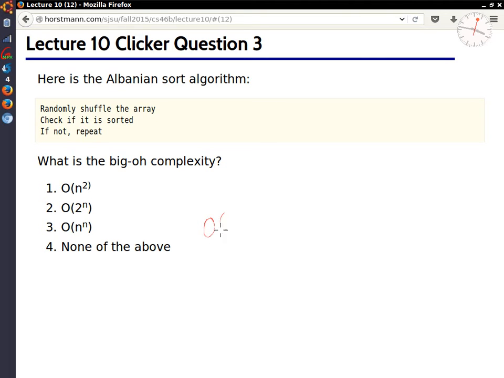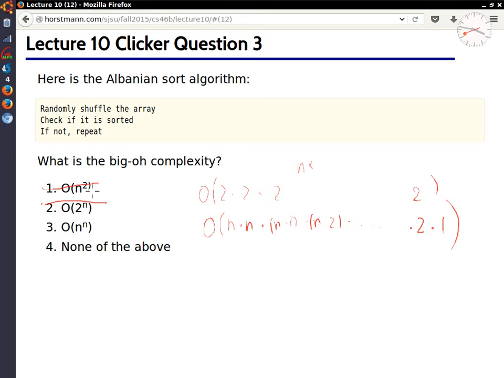So we have O of n times n times n minus 1 times n minus 2 times 2 times 1. So that is more than O of 2 to the n, which would be O of 2 times 2 times 2, n times. And there's an n here. Because those numbers are getting bigger than a 2, and there's more than n of them, this one here can't be the right answer.